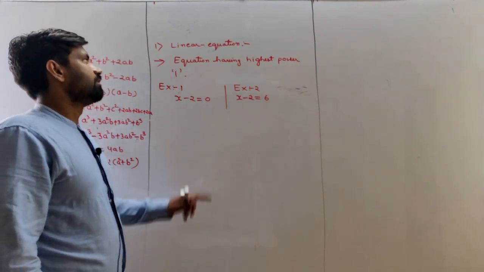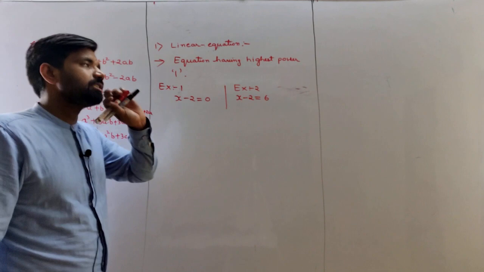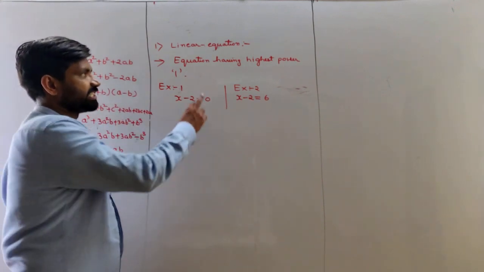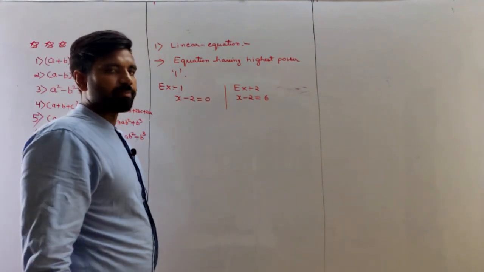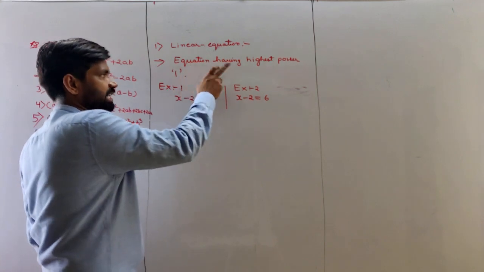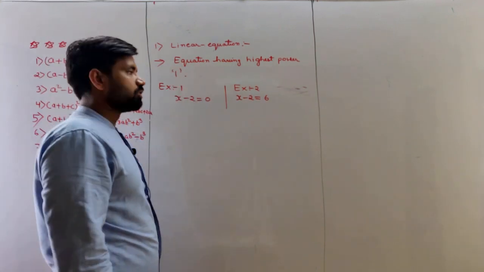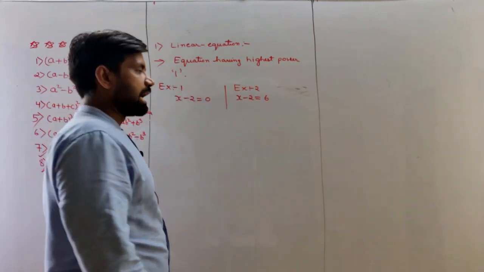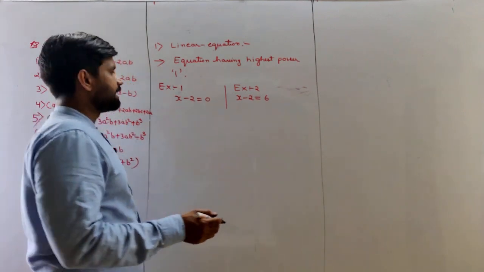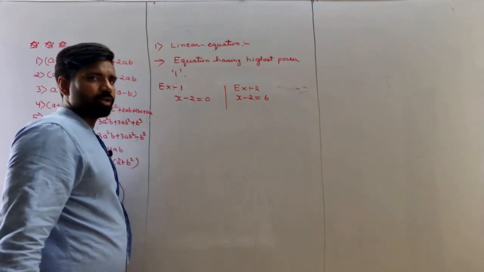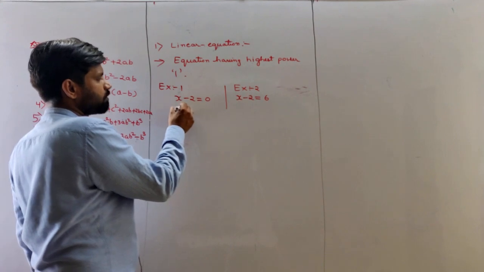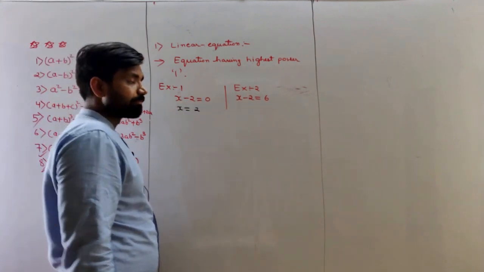So in algebraic function, first we have to understand what is linear function. What is linear function? An equation having highest power 1 is known as linear function, and it can be written as x minus 2 is equal to 0. So x is equal to 2. Understand.